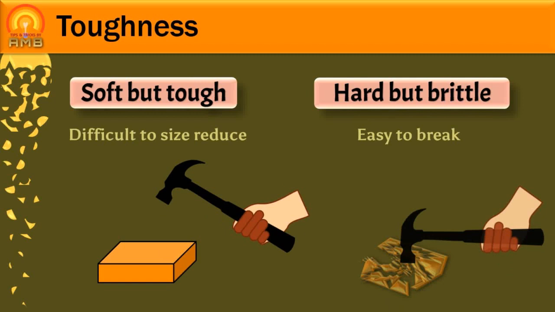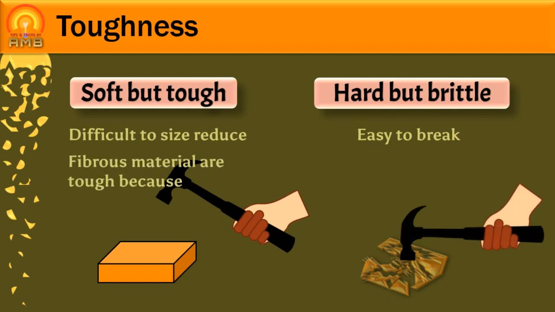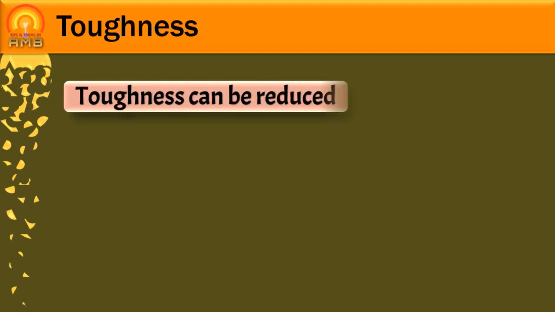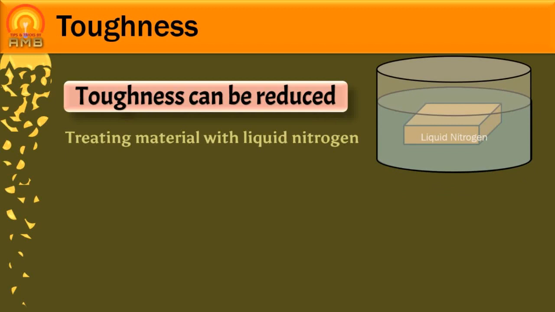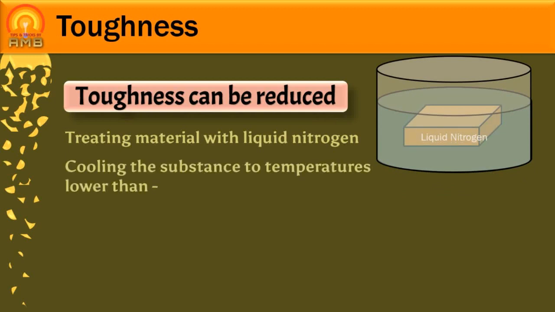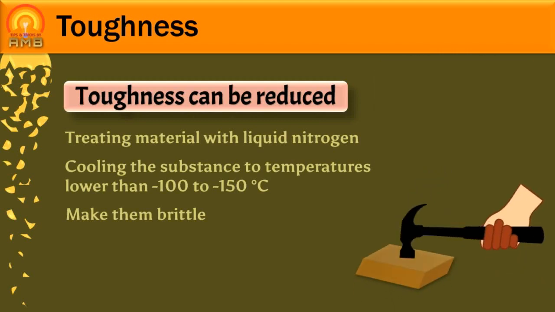In pharmaceutical material, fibrous drugs are tougher because of its moisture content. For some materials, toughness can be reduced by treating the material with a liquefied gas like liquid nitrogen or cooling the substances to temperatures lower than -100 to -150 degrees Celsius, making them brittle.